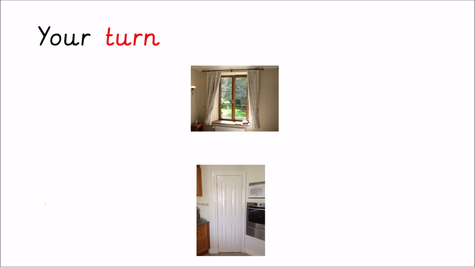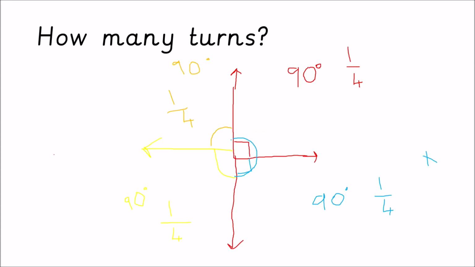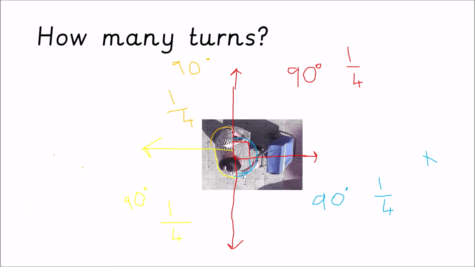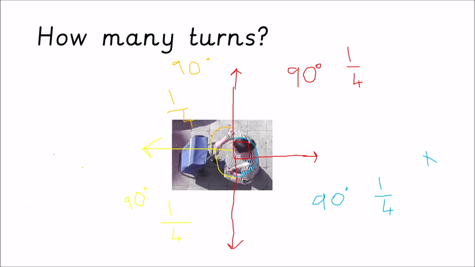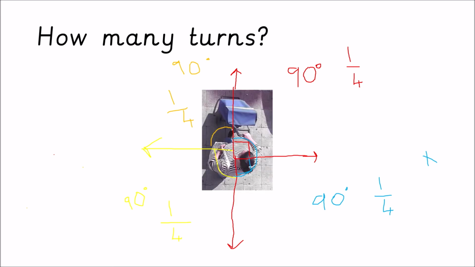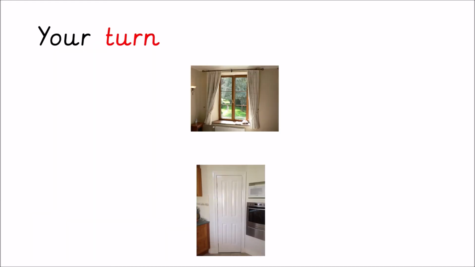Okay, so you're going to change from facing the door to facing the window. And you're going to do that in quarter turns. So just to remind you, as Freya demonstrated so helpfully, quarter turn looks like that. Now, I don't know how many quarter turns it will be to get from facing your door to facing your window. Hopefully they're not on the same wall. If they are, maybe choose a different door.